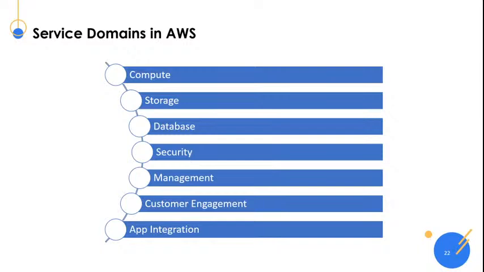All security related to the application that you have uploaded, to the servers that you are using, to the account that you are using, all those things are included in this security domain. Then we have the management domain, which includes monitoring, and deploying the whole architecture at once, right? All those kinds of services come into management.